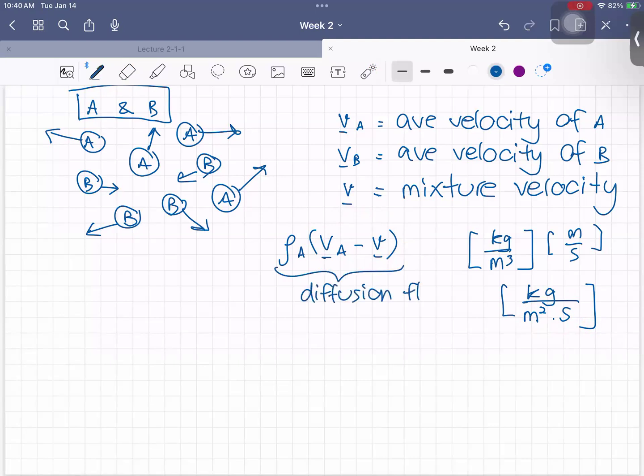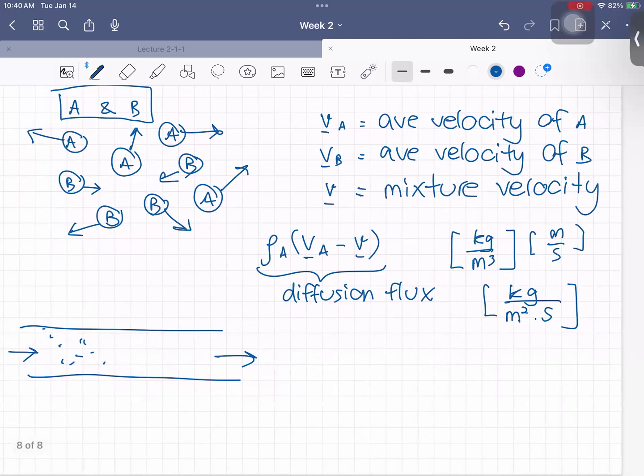Diffusion flux. Imagine I have a pipe with the flow of a mixture of water and salt, but they're not fully dissolved. Let's say the concentration of salt is too saturated, so there will be some particles of salt in the brine, in the salt solution too.